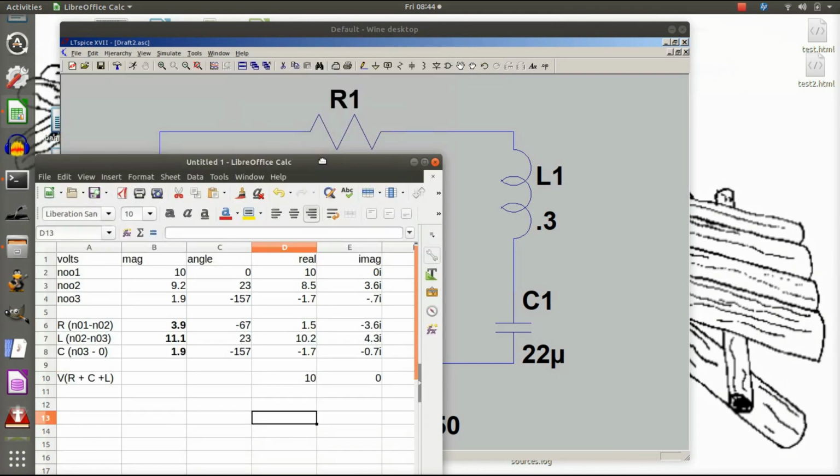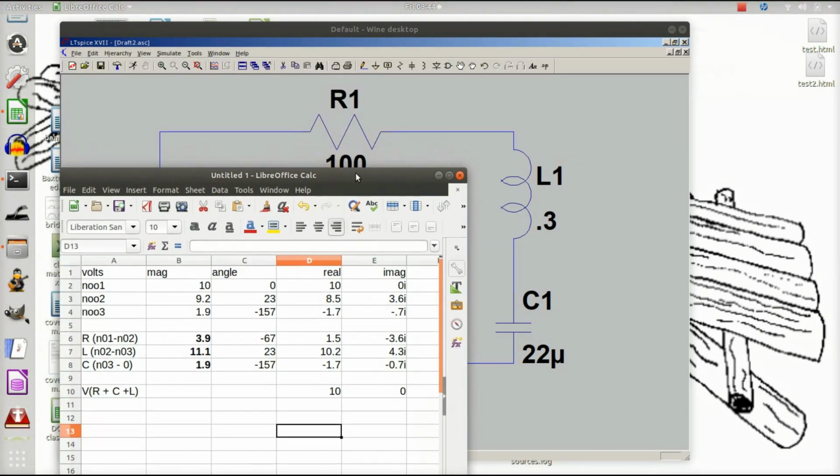So that's what I did to show you what the voltage drops would be if you individually measured them. Voltage drop across the resistor, 3.9 volts. Voltage drop across the inductor, 11.1 volts. And the voltage drop across the capacitor is 1.9 volts, and we got that on the original analysis.